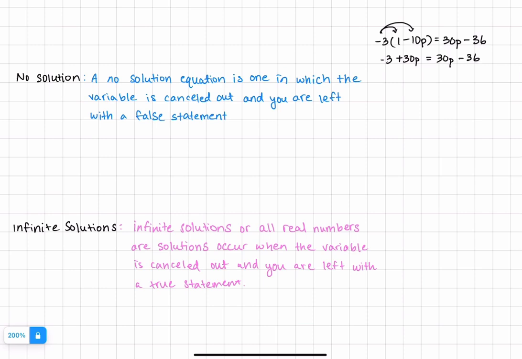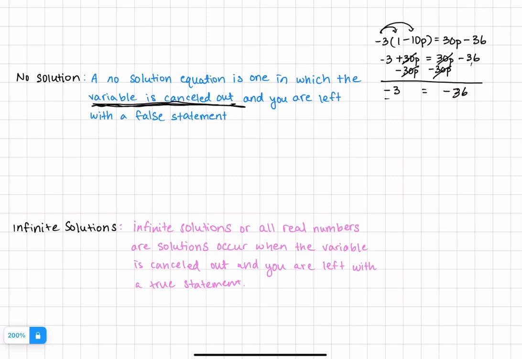I'm going to subtract 30p from both sides. So this would be -3 equals, the p's cancel out on both sides. So the variable is canceled out, as it says here, and -36 comes down.